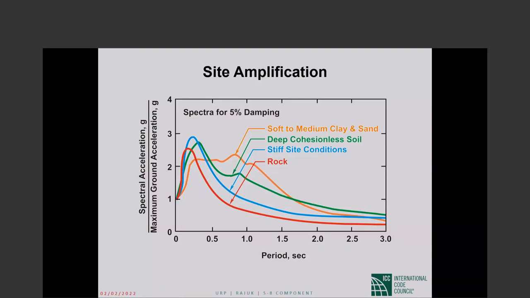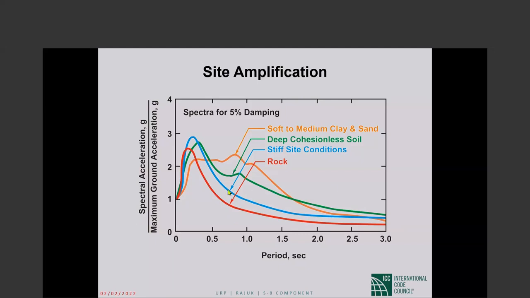So spectral acceleration, think of it as maximum acceleration of elastic single degree of freedom systems with varying periods. Okay, and we will refine that on a subsequent occasion. Anyway, the figure shows very conclusively that from rock to stiff soil, there is an amplification, like the accelerations are higher.